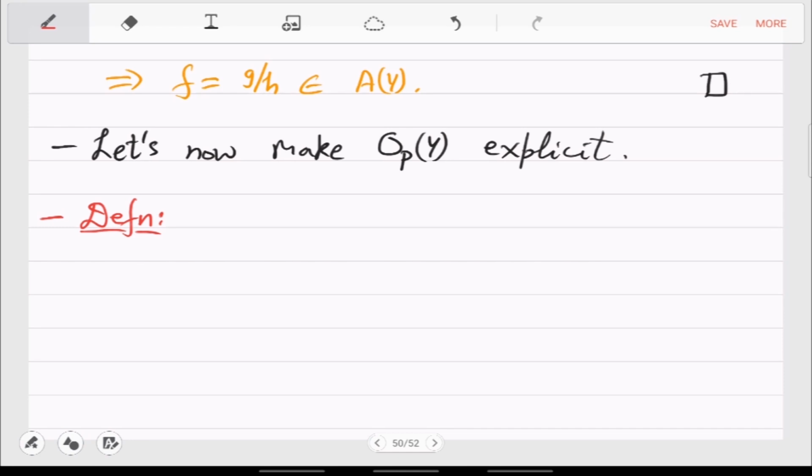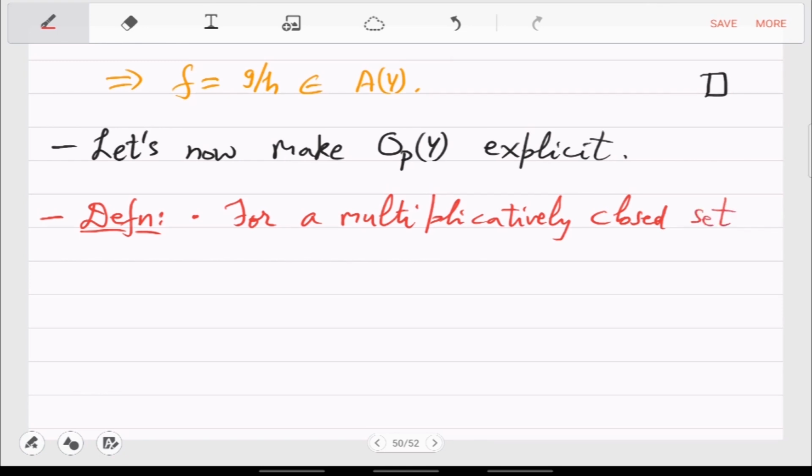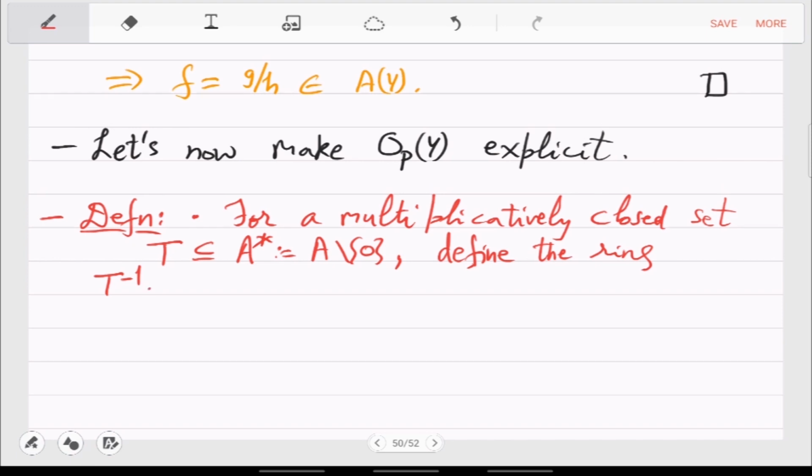So what is localization? For a multiplicatively closed set T of A star, where A is again the polynomial ring and star means removing 0, so by this I mean A minus 0, we define a new ring T inverse times A, the ring where elements in T have reciprocals.